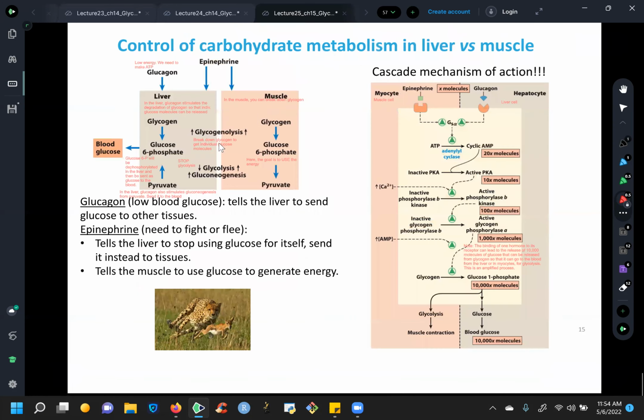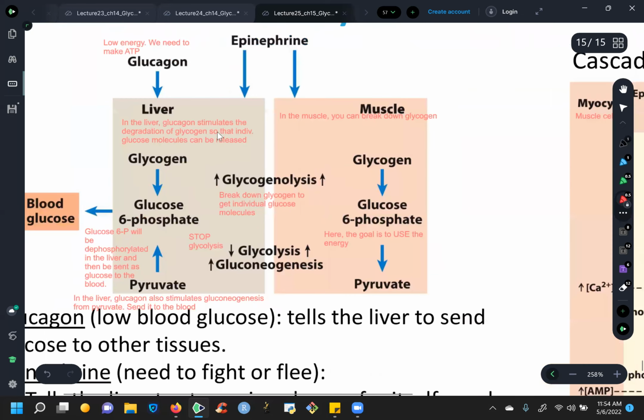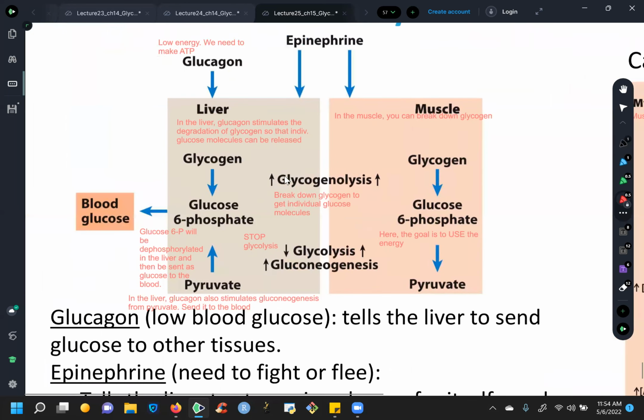Okay, and here I wrote down some control of carbohydrate metabolism. So glucagon is when you have low energy and we need to make more ATP. It happens in the liver, and in the liver, glucagon stimulates the degradation of glycogen so that individual glucose molecules can be released. So this is what I mean when I tell you to write down the definitions or notes of things so they can help you learn.